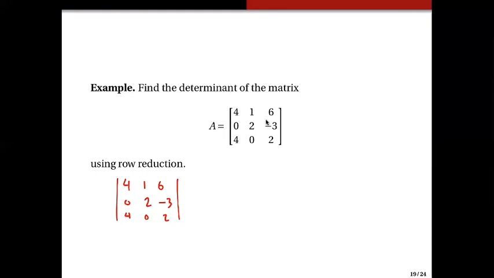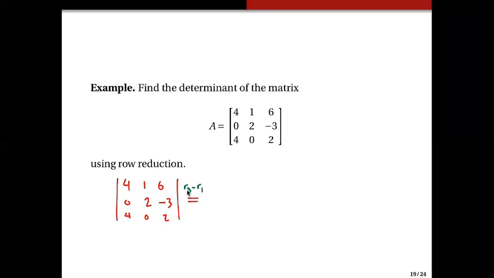So we will try to reduce this into a triangular matrix. So how do we do this? First, we make this 0. And to make that 0, the row reduction that we're going to use is row 3 minus row 1.